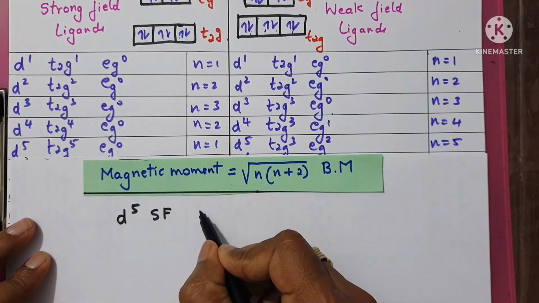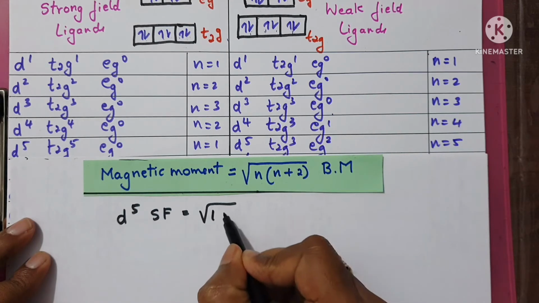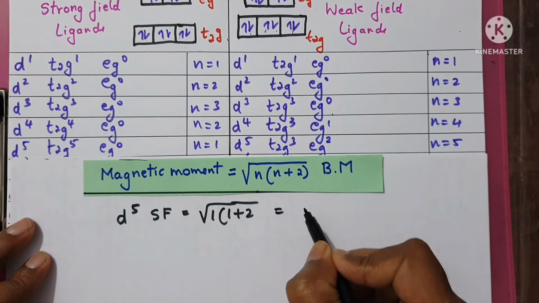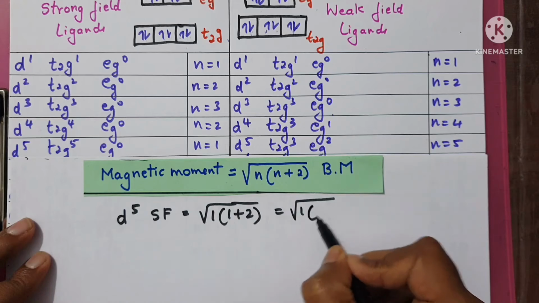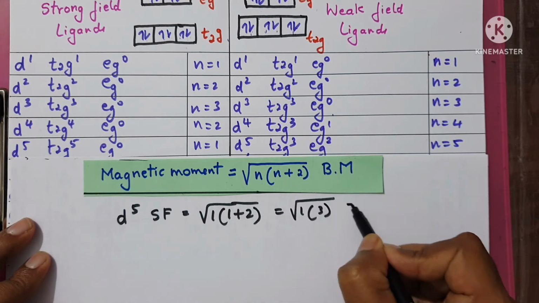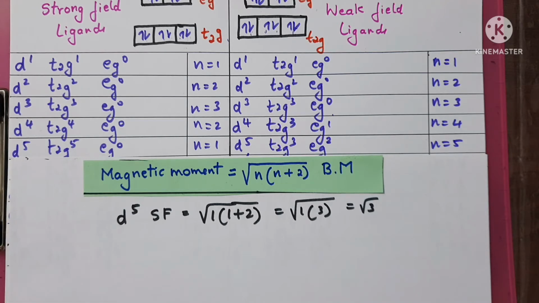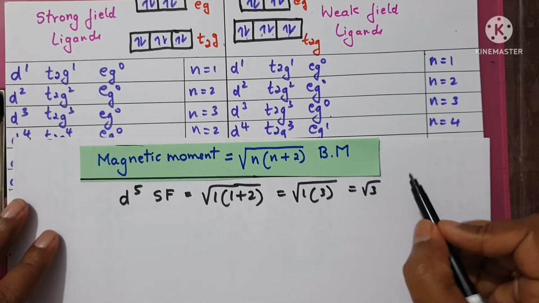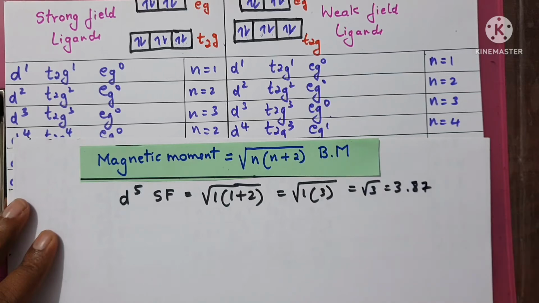Therefore, for d5 it is square root of 1 into 1 plus 2, that is square root of 1 into 3, equal to square root of 3. What is the value of square root of 3? You can easily calculate, it is going to be 3.87.